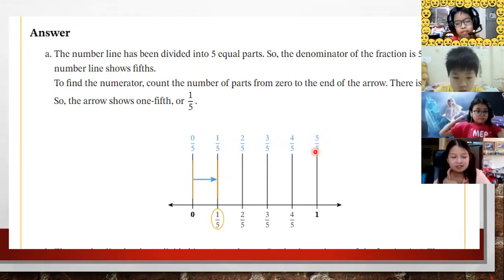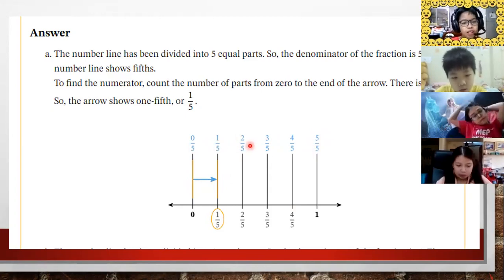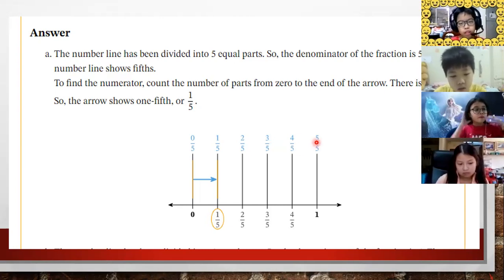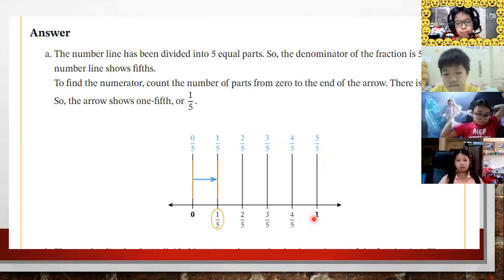Okay? Understand? That is 0/5, 1/5, 2/5, 3/5, 4/5, and 5/5. So 5 over 5 is equal to what? 1 whole number. Okay. Understand?